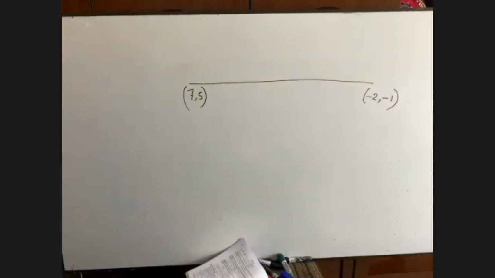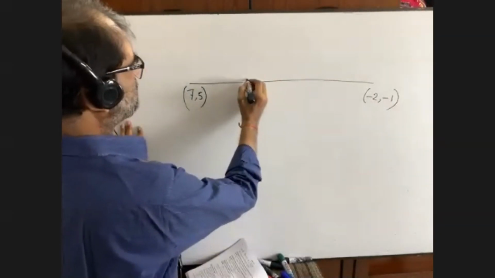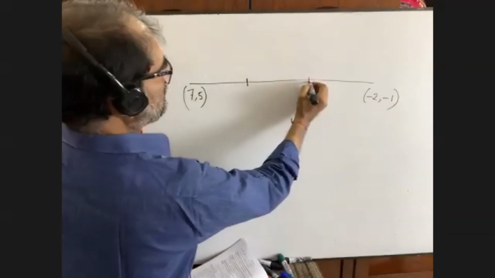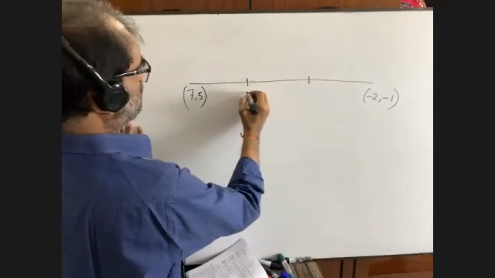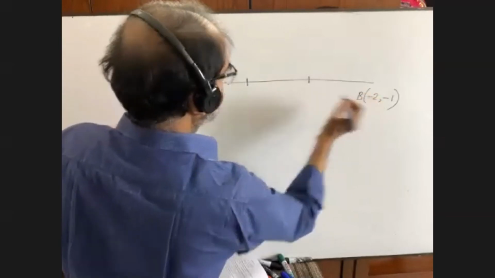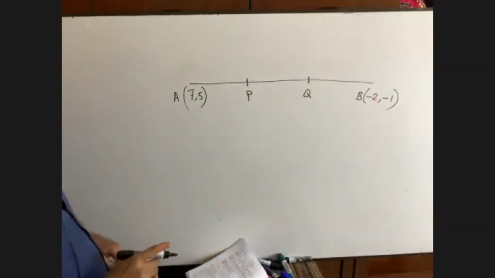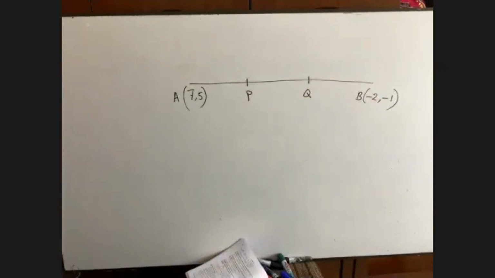And it is told that this line segment has been trisected like the previous math. It is A, it is B, it is P, now it is Q. Can you do this math? Point of trisection.